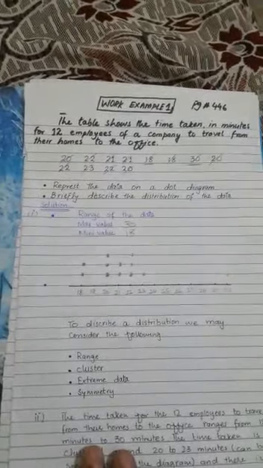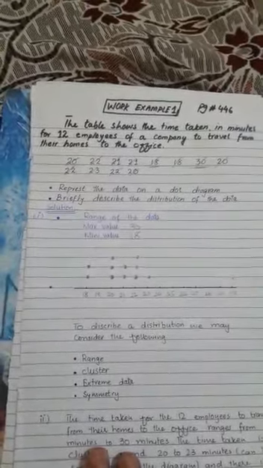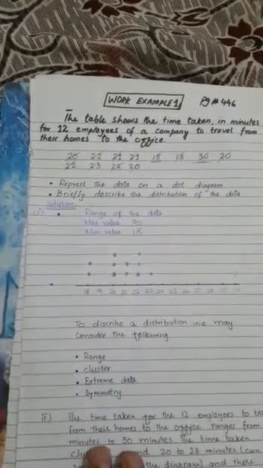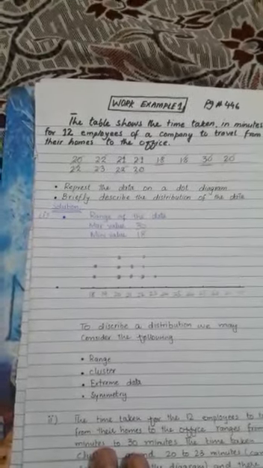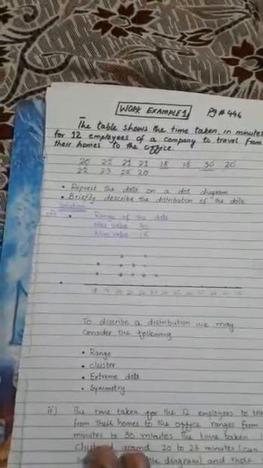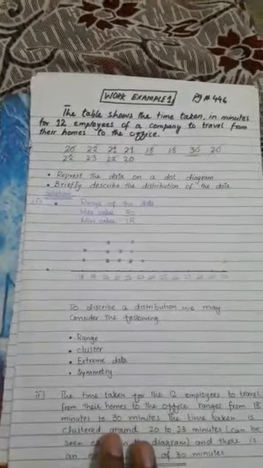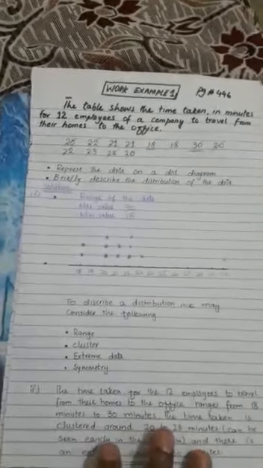Now for the second part of this question, in which we briefly describe the distribution of the data. To describe a distribution, we may consider the following points: the range of the data, clusters, extreme values, and the symmetry of the data.